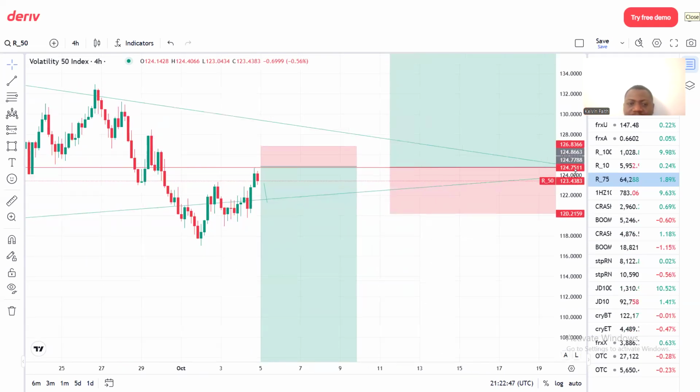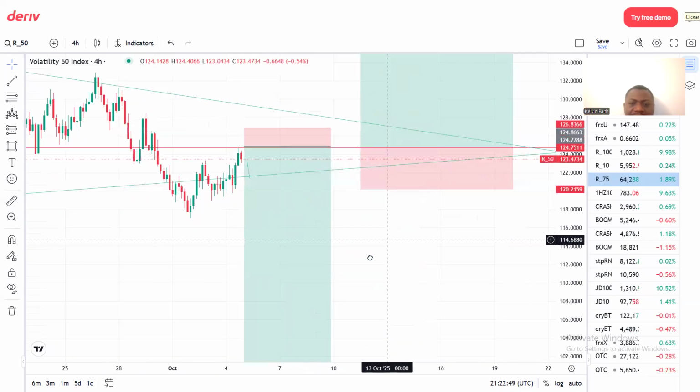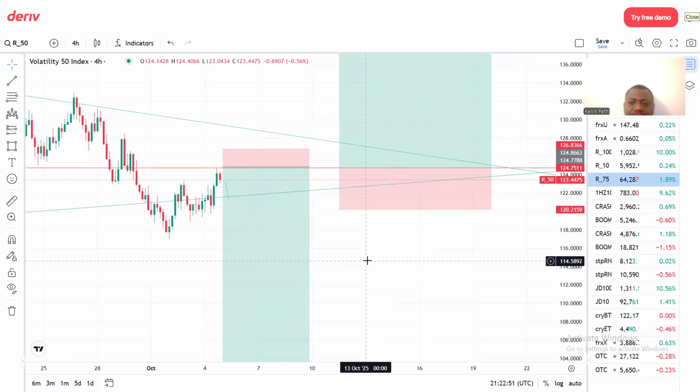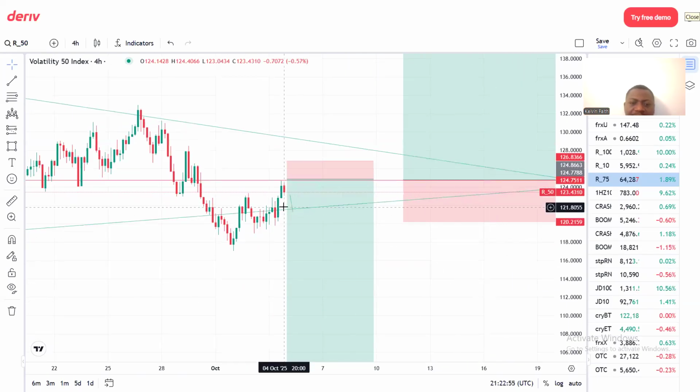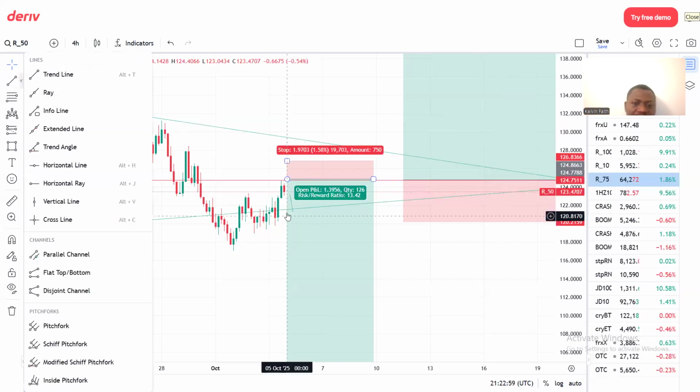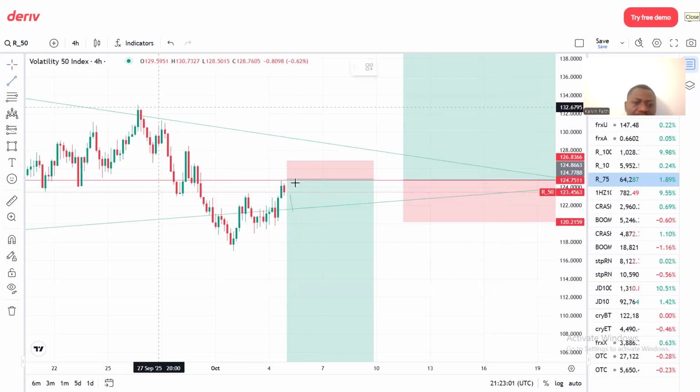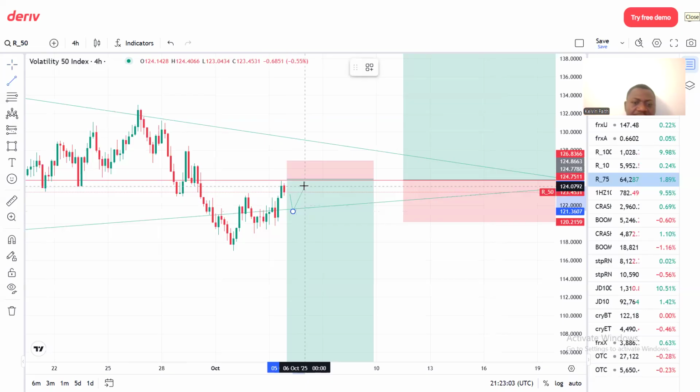So if you want to buy, the good thing is to wait. If price comes down to this trend line here and rejects again, and you see a bullish engulfing, then you can take a buy.